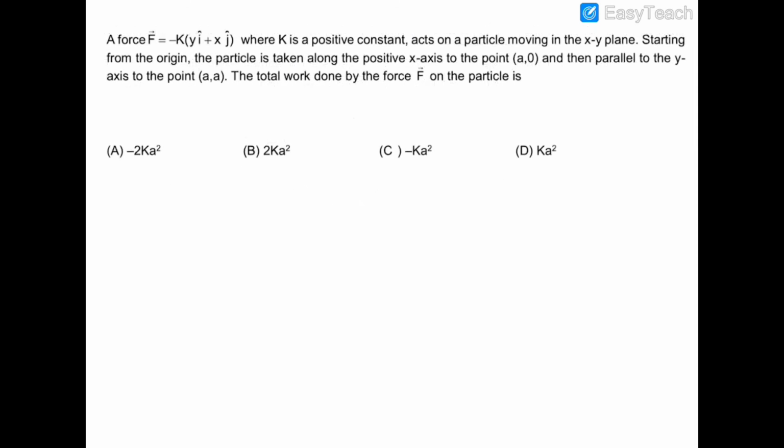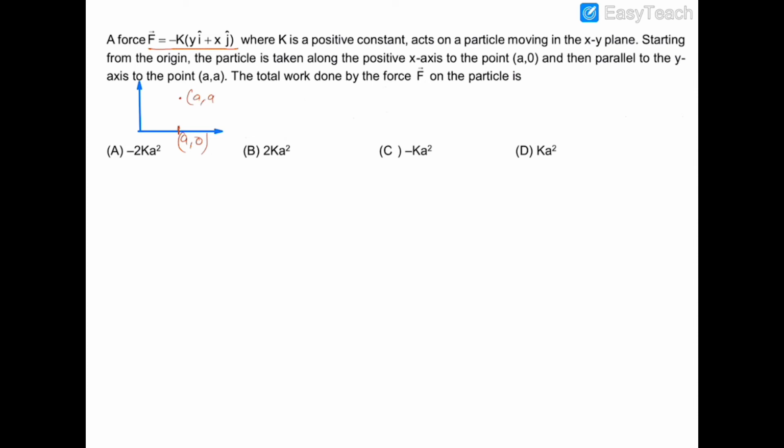In this question, this force is given to us, and we need to find out the work done in taking a particle from a point a comma 0, which is on the x-axis, to a point a comma a, which is here.